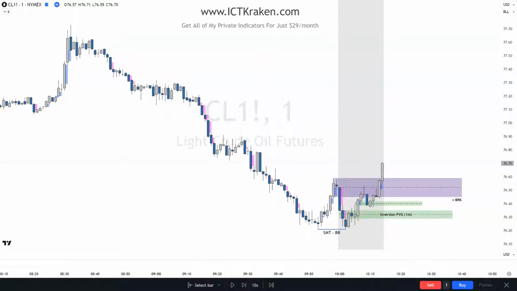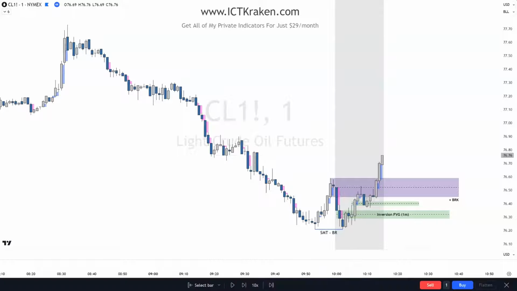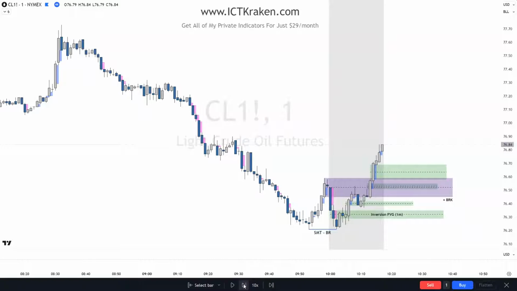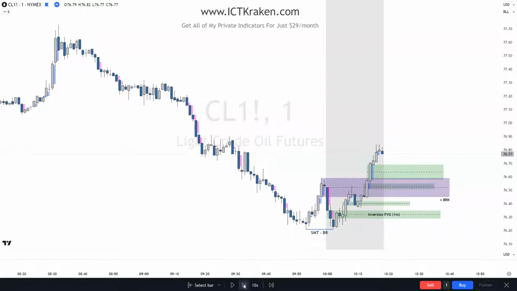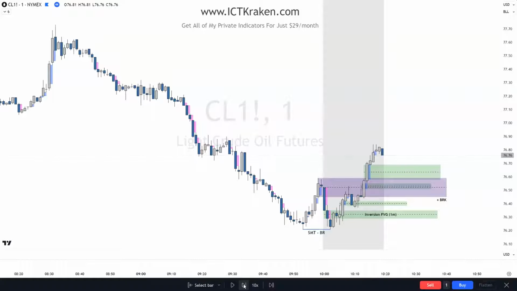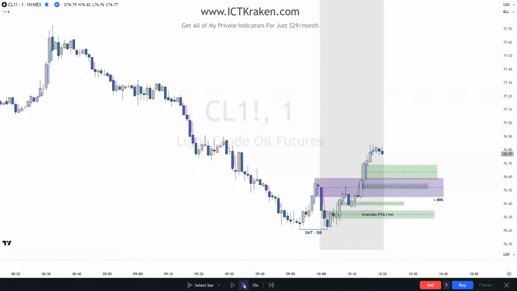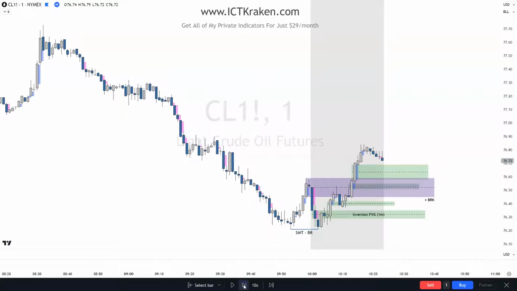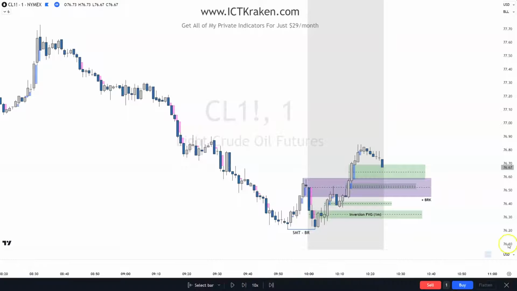All right, let's see if we come down. There's another fair value gap there. There's a fair value gap there. I don't like how it's just kind of dripping down. Okay, let's see how.